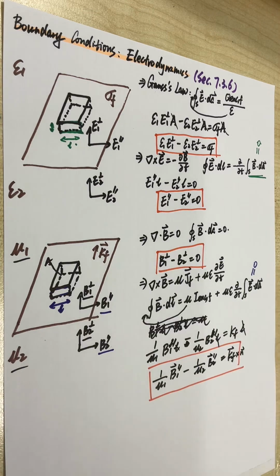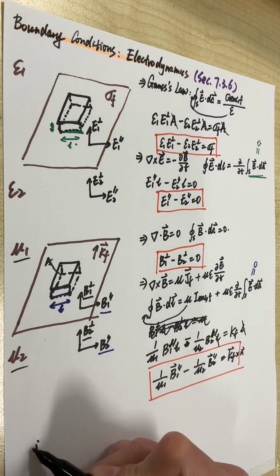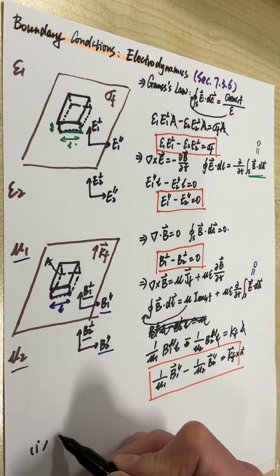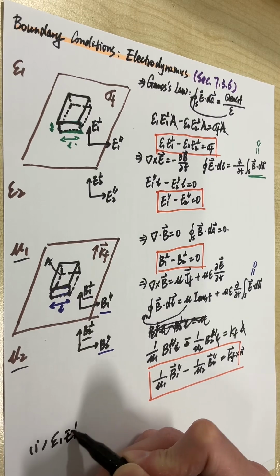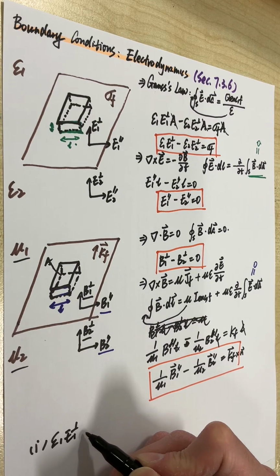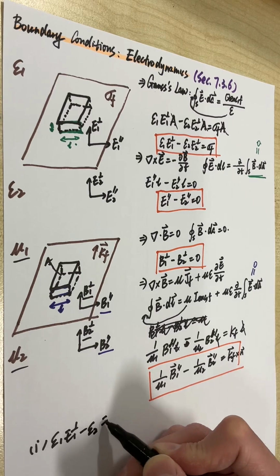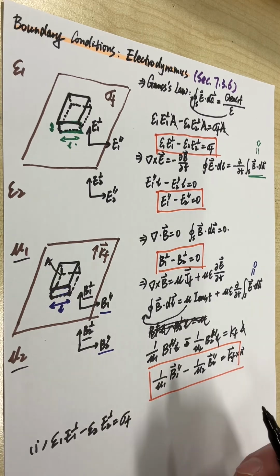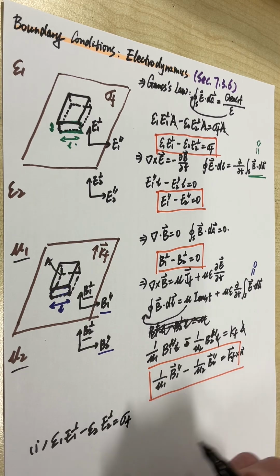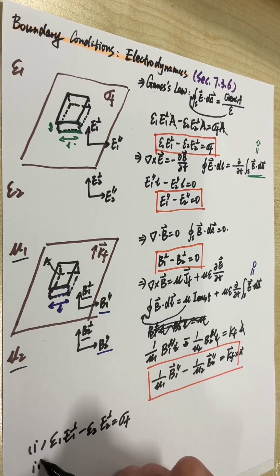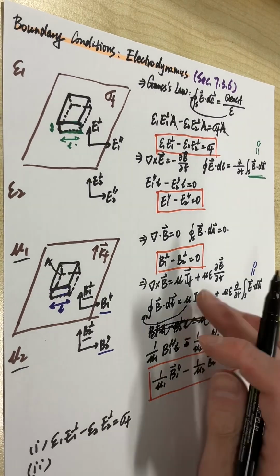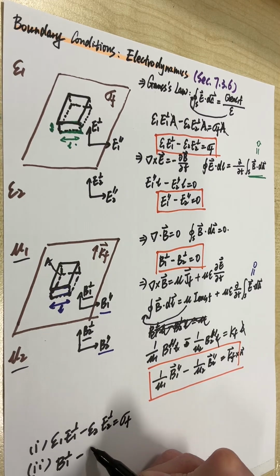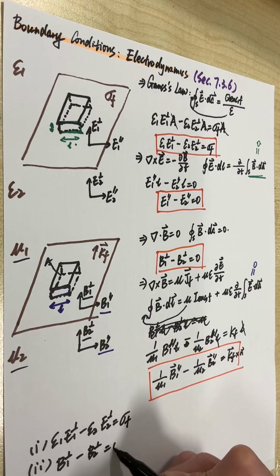So let's summarize all the boundary conditions. First of all, the normal component for the electric field: epsilon1 E1 normal component minus epsilon2 E2 normal component equals the free surface charge density. Second, the normal component for the B field: B1 normal component minus B2 normal component equal to 0.